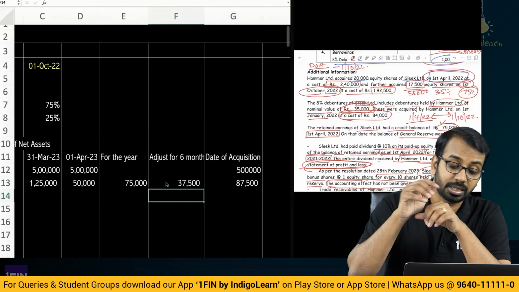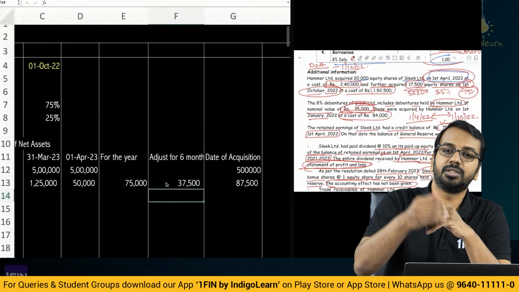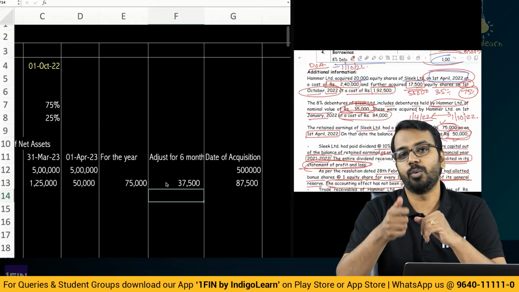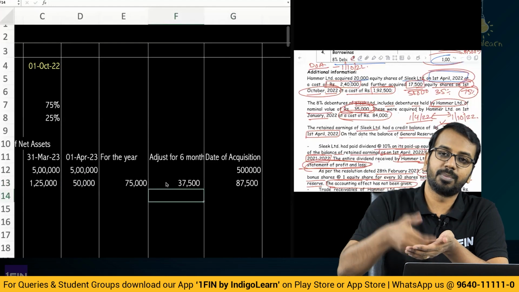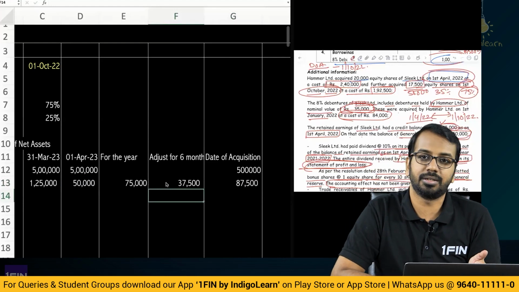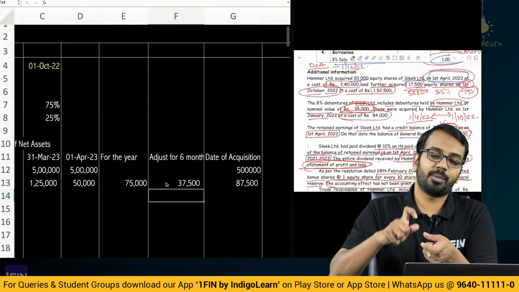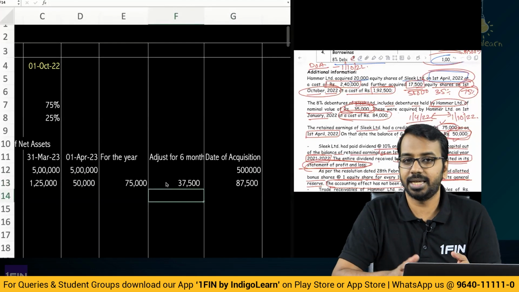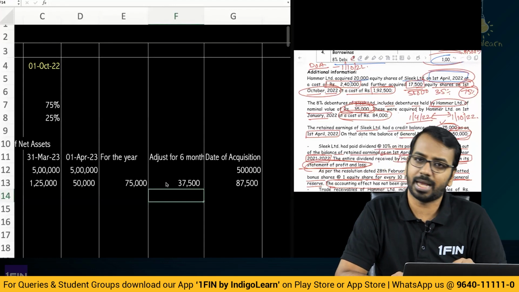Now, one more thing that you have to understand is, out of this general reserve, we have made a bonus issue. And friends, for bonus issue accounting, the simplistic assumption to be taken is that it has been made out of pre-acquisition reserves. If it is made out of post-acquisition reserves, then there will be some other treatment, but unless the question says that it has been made out of post-acquisition reserve, we will consider that it is out of pre-acquisition reserve.